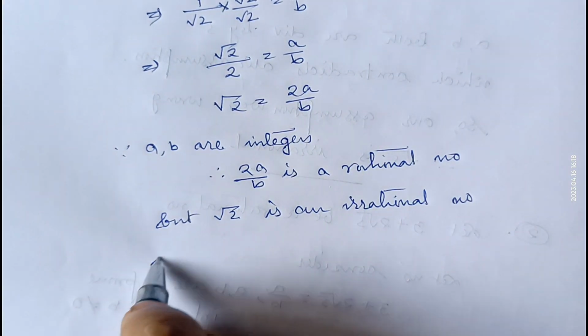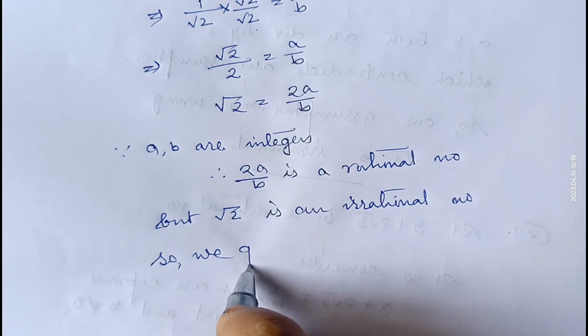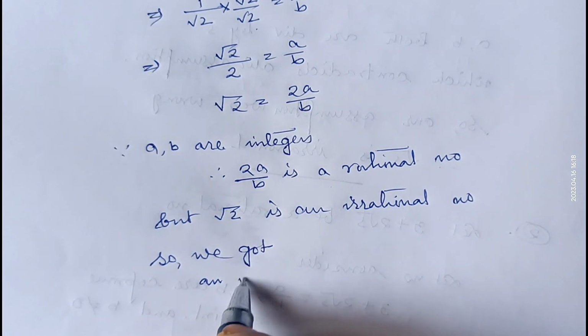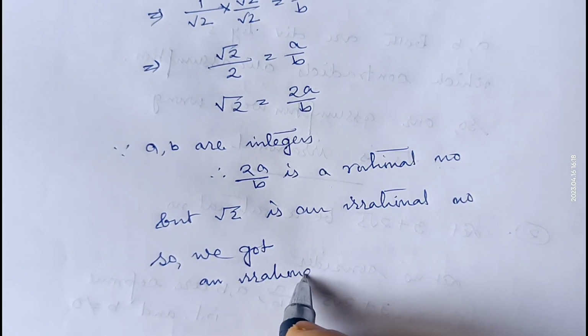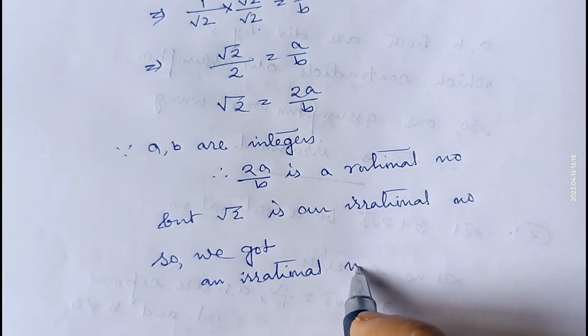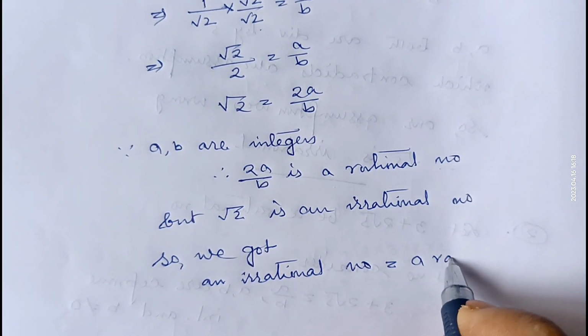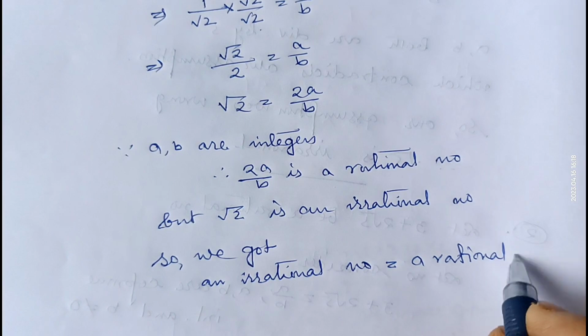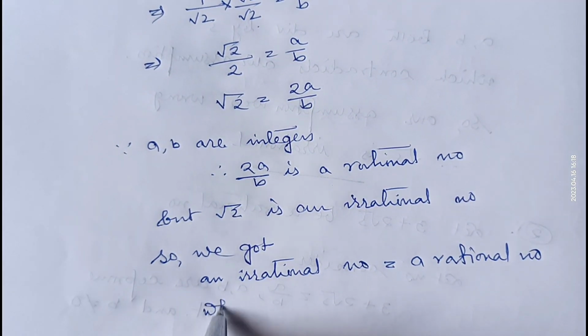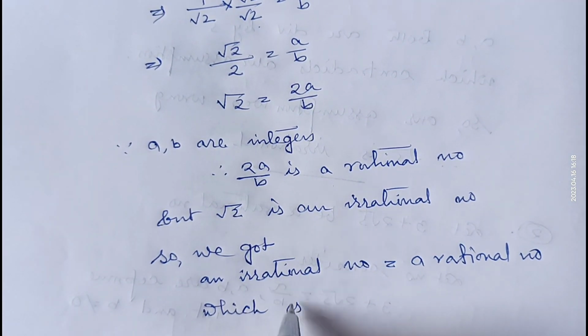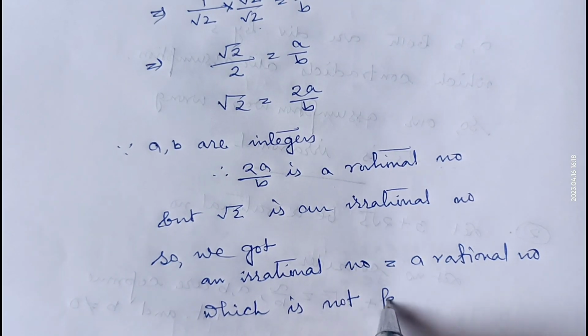So we got an irrational number equal to a rational number, which is never possible.